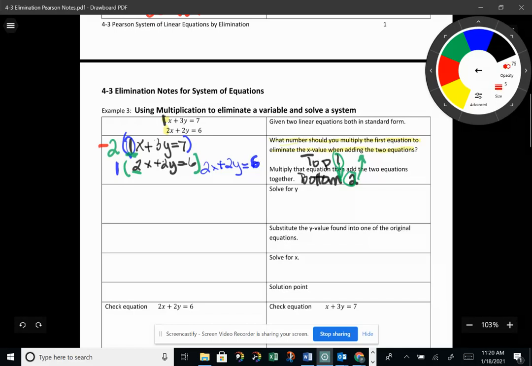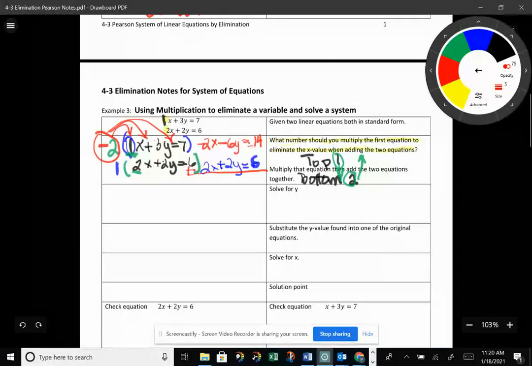And so now this top equation, I've got to distribute that whole thing by -2. So -2 times 1 is -2x. -2 times 3 is -6y. And -2 times 7 ends up being -14. So now we've got to add these up.